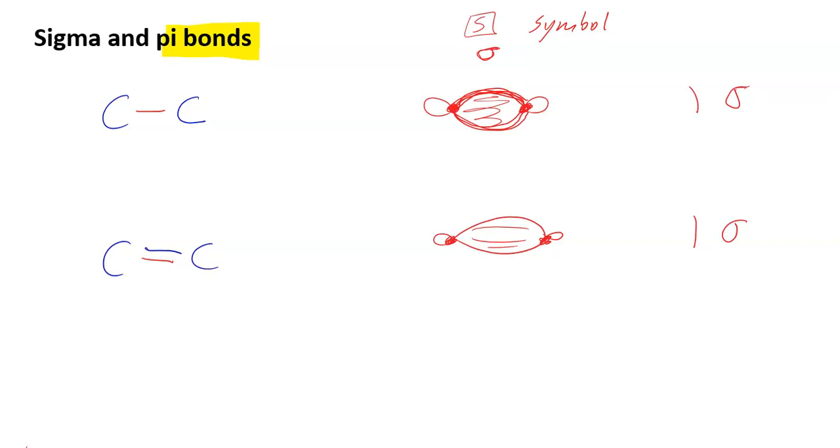Now, for the other pair of electrons that's involved right here, they can't go in the middle. You can't have more than two electrons traveling inside an orbital, and so they have to go someplace else. So they're going to go up and around. And the way you draw this is to draw almost like a p orbital, like this, and then you overlap it on the top and the bottom.